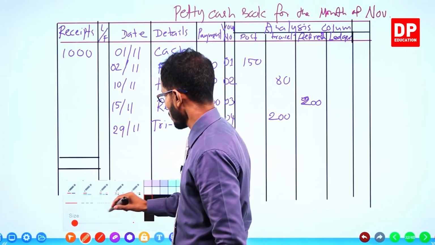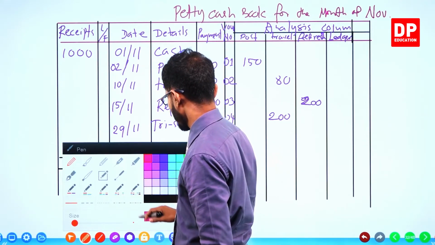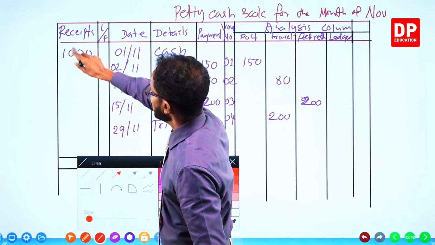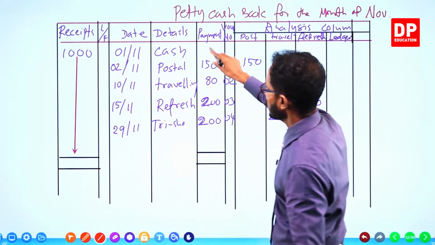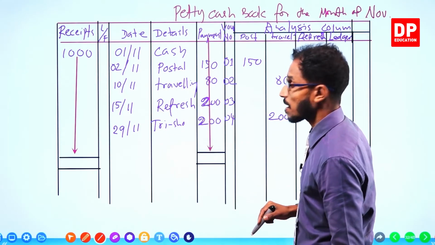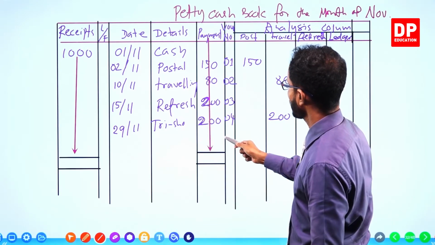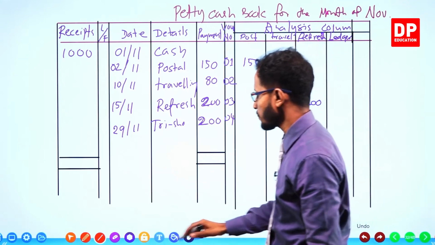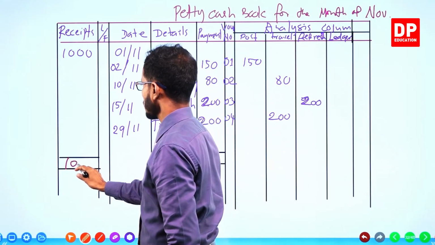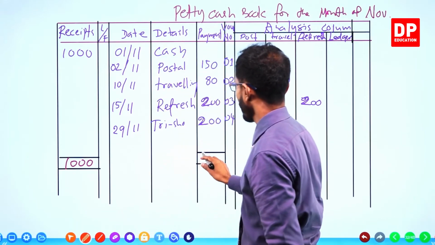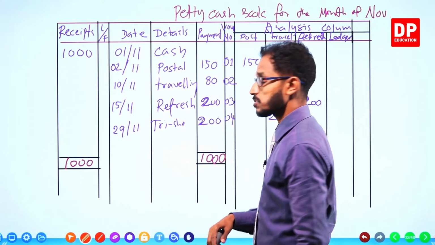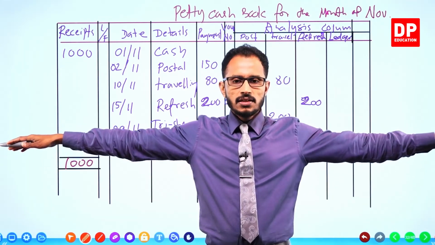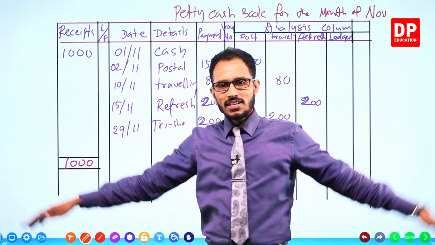Is it the receipts column or the payments column? Obviously it is the receipts column. Put that total in both sum boxes, just like you are balancing a ledger account. Both sides must be balanced.